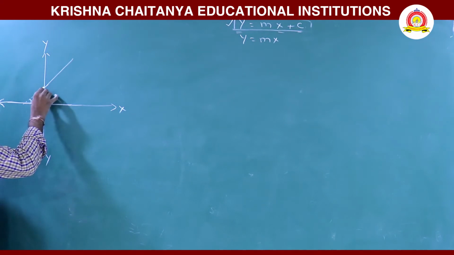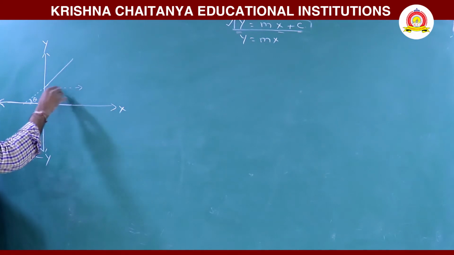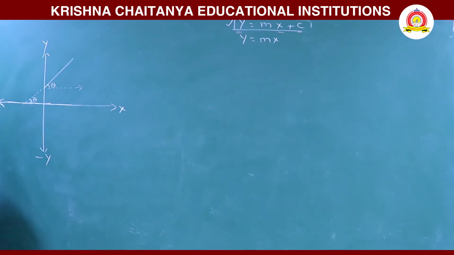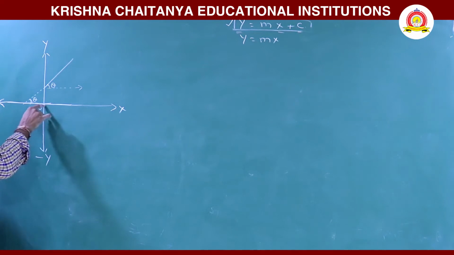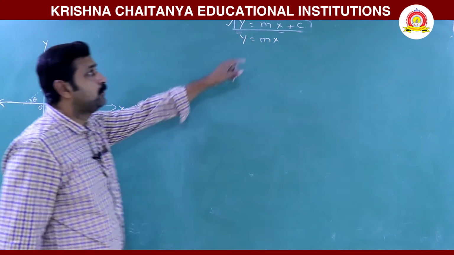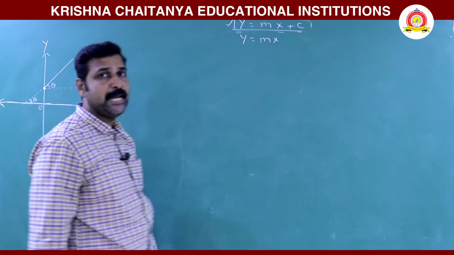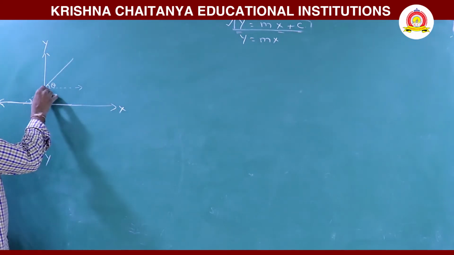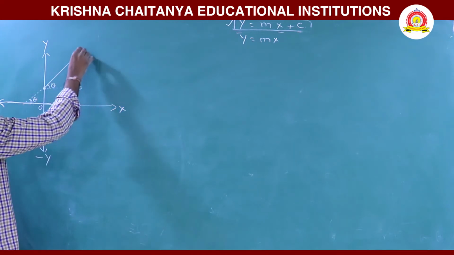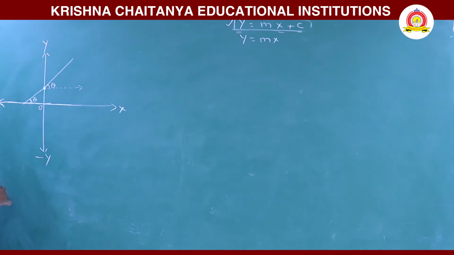Or you can also draw a horizontal straight line here, which is again the positive x-axis, where the angle is represented by theta. Now for this straight line, if you take x is equal to 0, it still has a y coordinate. When x is equal to 0, it still has y is equal to c, that means it has a y intercept. You can extend it up to here.